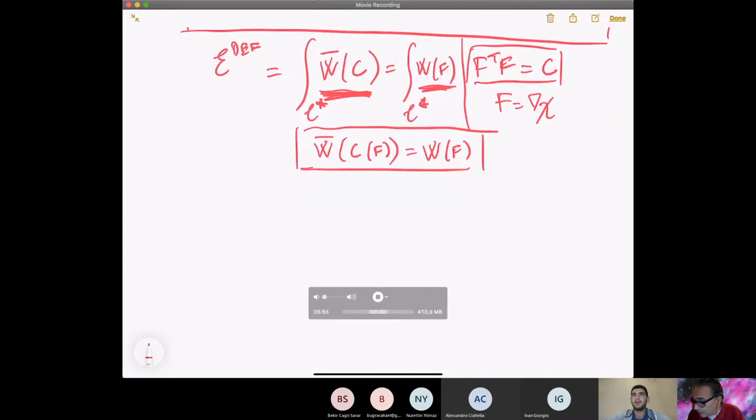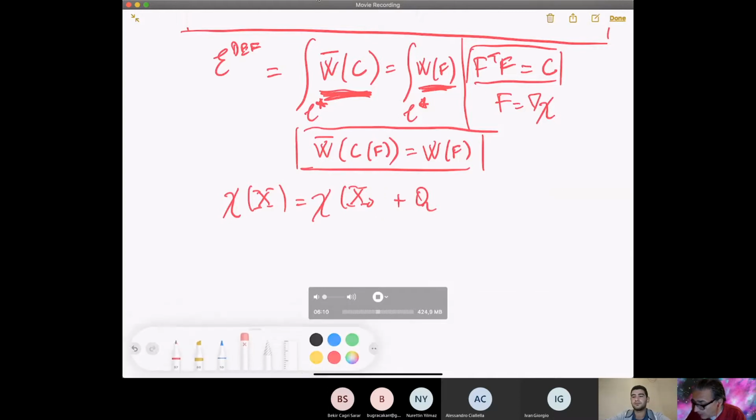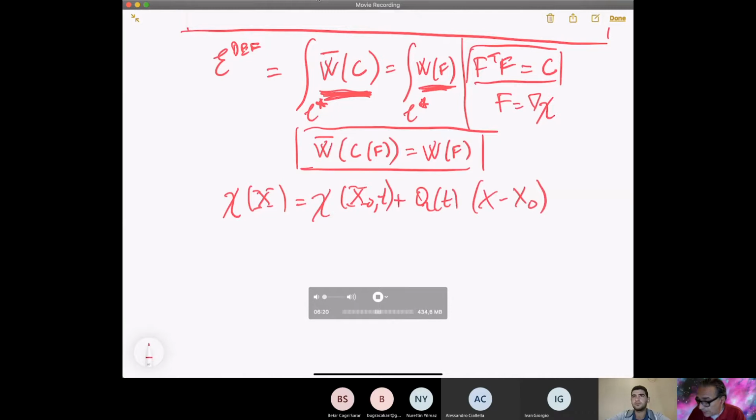So what I need now, I need to write this formula and I need to calculate its derivative with respect to time in order to find the rigid velocity field.